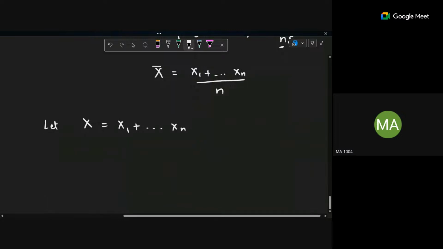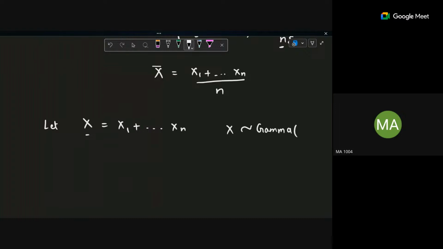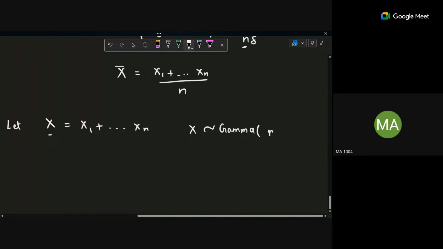And they are following gamma distribution. It is given that this capital X is following a gamma distribution with alpha equal to n and beta equal to 1. Yeah, this was given, right? So just tell me, what should be the alpha and beta for this xi, so that when I sum this gamma distribution, it will give me alpha as n and beta as 1.